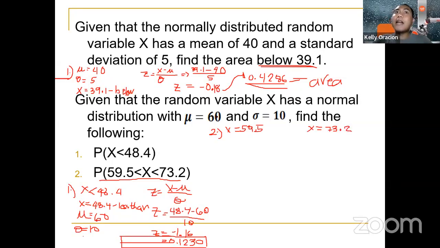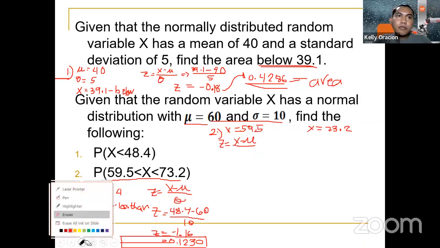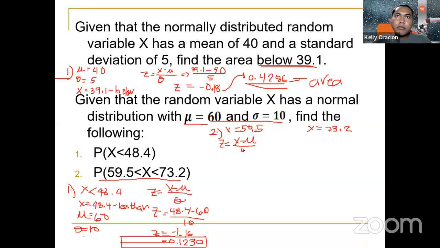They have the same mean. The mean is 60, the standard deviation is 10. So two z-scores will be formed. Z is equal to x minus mean over standard deviation. The other one is also the same z-score formula.